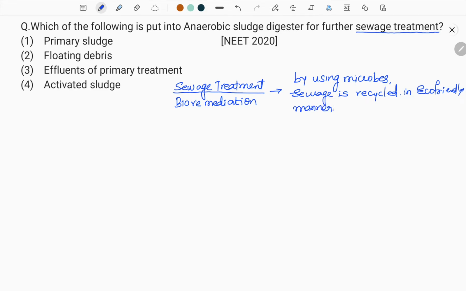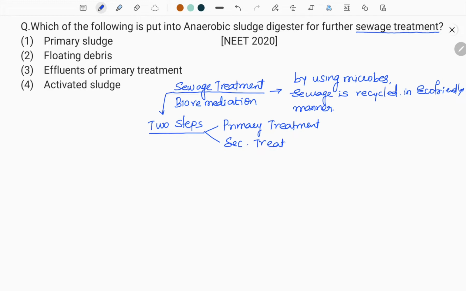In this sewage treatment, that is bioremediation, there are two types of treatments. In fact, three are there, but let me tell you the first two. One is primary treatment and the other is secondary treatment.